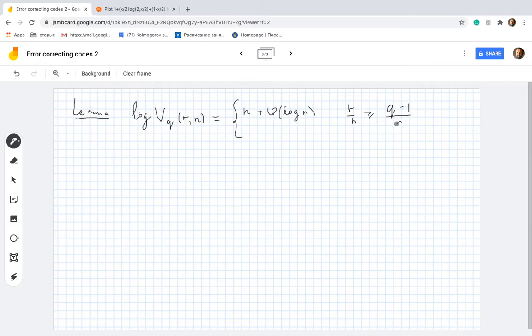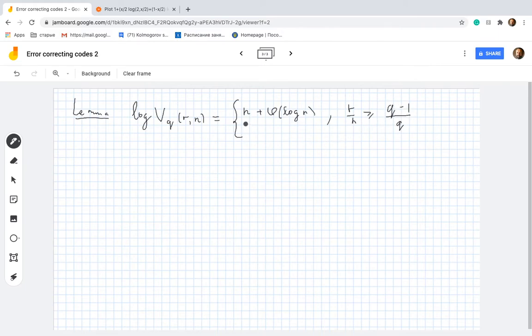Note that q minus 1 over q in the case of binary alphabet is 1/2. So we obtain the same threshold here as we had before.